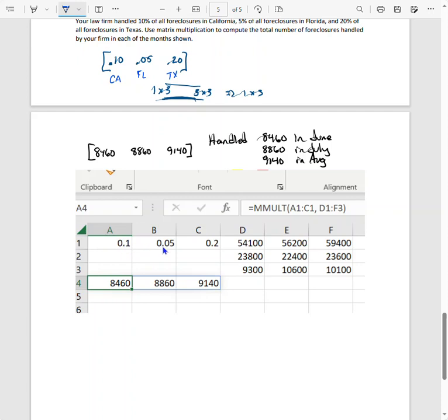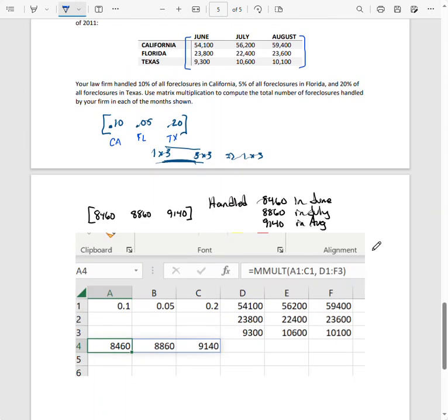So I take 10%, 5%, 20%. I didn't add the extra zeros as they weren't needed. And then I put in my June, which is in column D, July in column E, and August in column F. Make sure I put the numbers in correctly. That's usually the biggest issue.